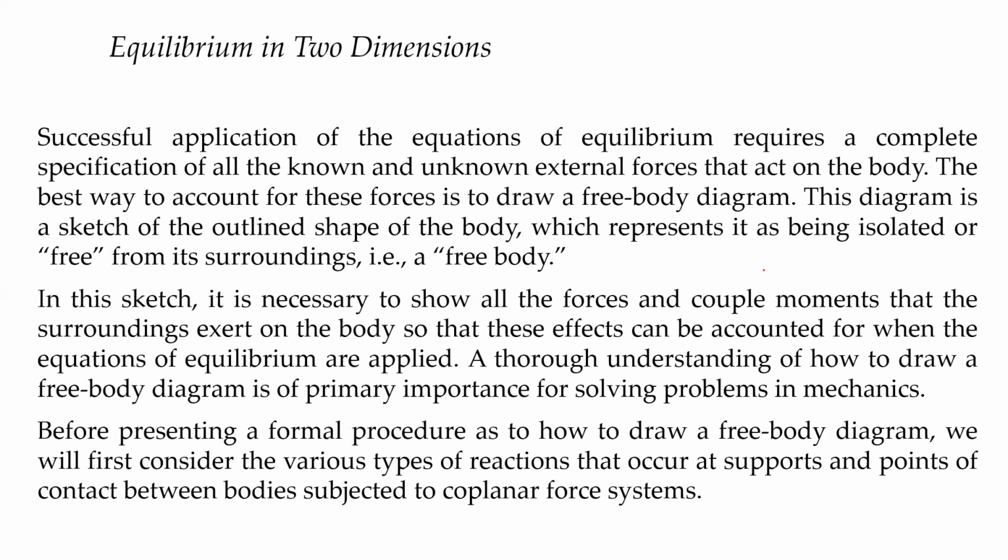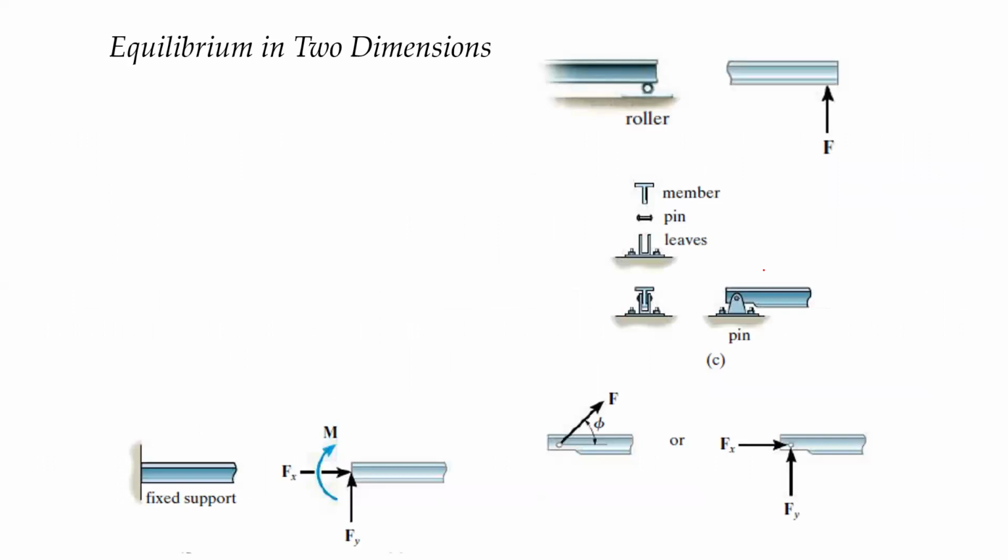So if you are still having a hard time constructing your free body diagram, please visit our slide on equilibrium of a particle. Now, before presenting a formal procedure as to how to draw a free body diagram, we will consider the various types of reactions that occur at supports and points of contact between bodies subjected to coplanar force systems.